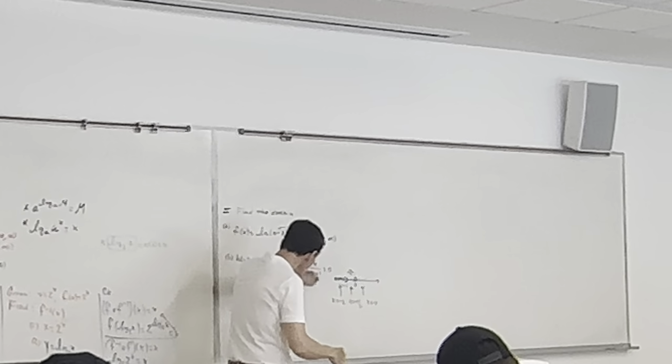I think 4 is going to give me a positive for sure. Is that true? And there's my domain. So my domain of this would be negative infinity up to negative 1, union 0 to infinity. And you're done.